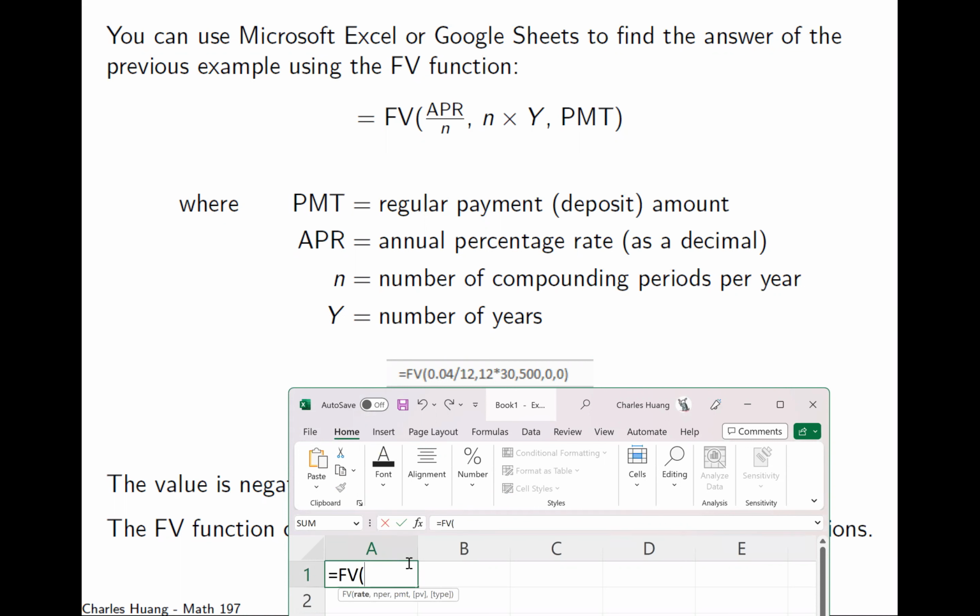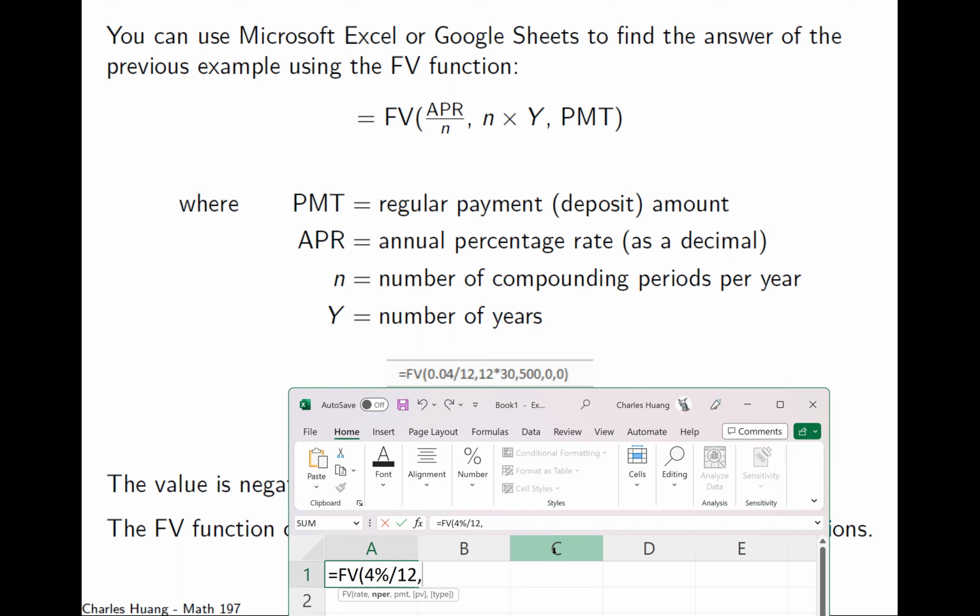And usually in Excel or in Google Sheets, there are hints to tell you what you have to put down. Here, in the example that we did with the tax-free savings account, the interest rate is 4%. Now, because we are compounding monthly, we have to divide it by 12. You can write 4% divided by 12 in these spreadsheets, or you can do 0.04 divided by 12. Both are acceptable in the spreadsheet.